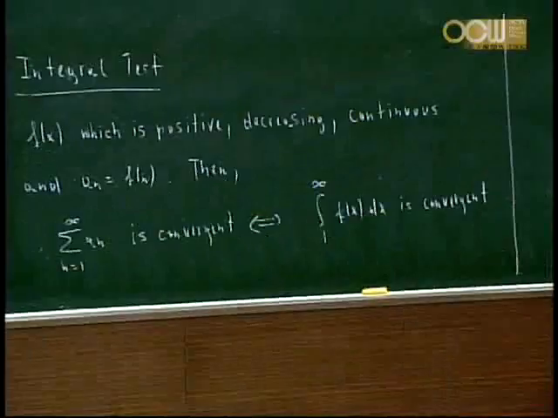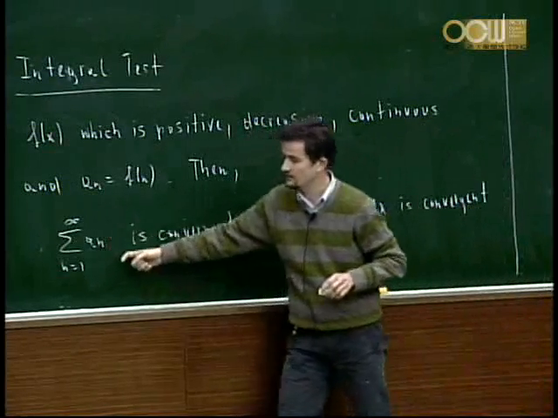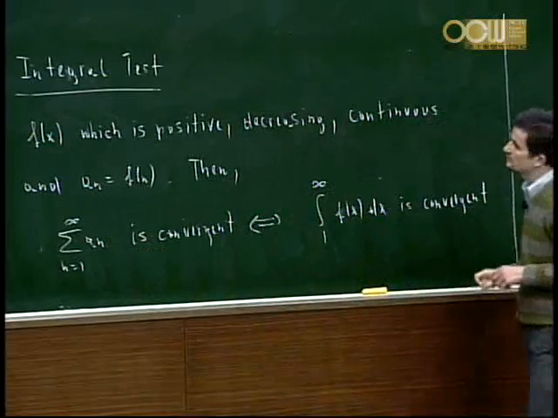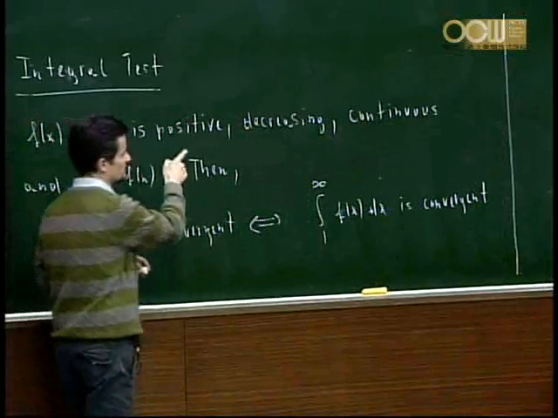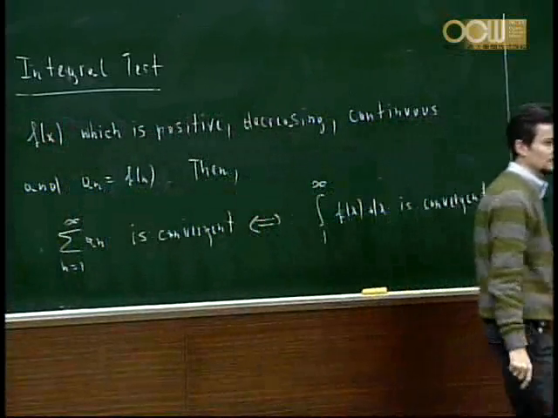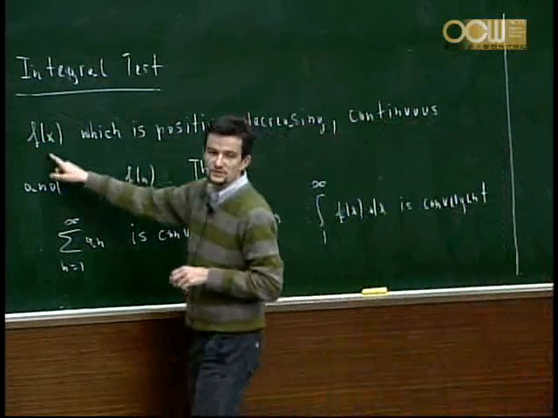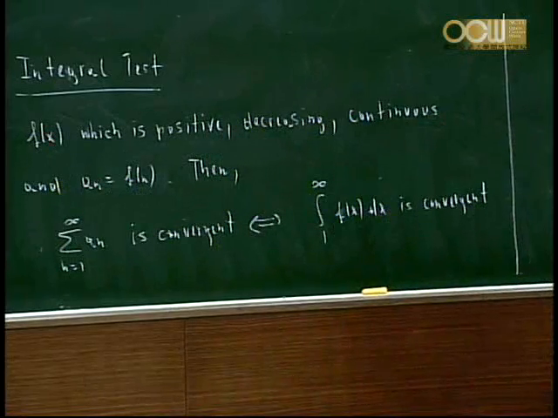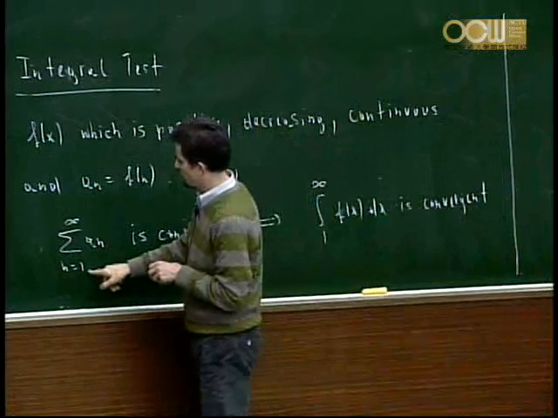Now, for this test, you see that what you need is that an is positive. So we always look at series where all the terms are positive. This is the first thing. And the second thing is you need to find such a function which is decreasing and continuous. Now, essentially, it is enough if this function is decreasing from some point on. Not necessarily from this point 1 on.